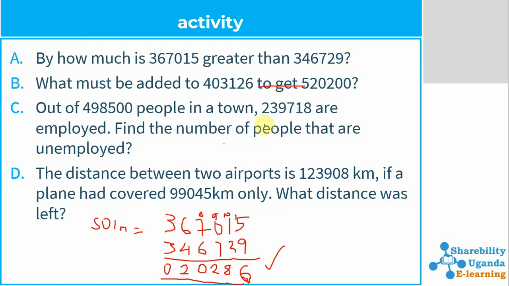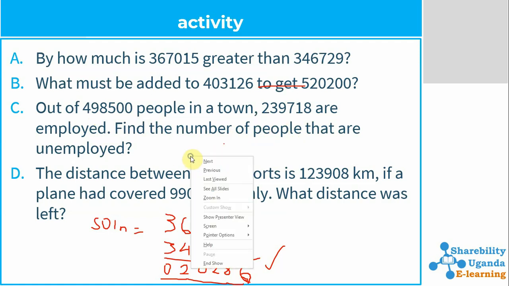So these are the numbers. When you find the people that are unemployed, we get the total number of people within the whole town, then minus the total number of people who are employed to get the people who are not employed.